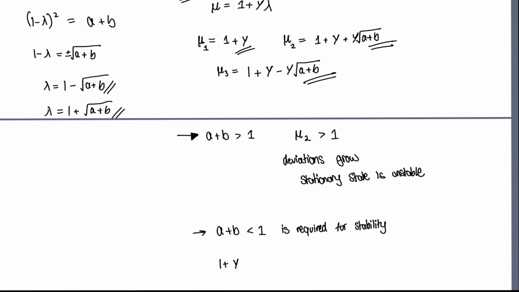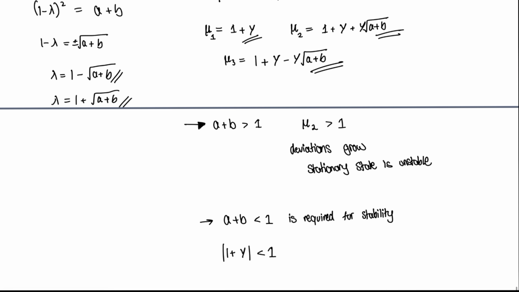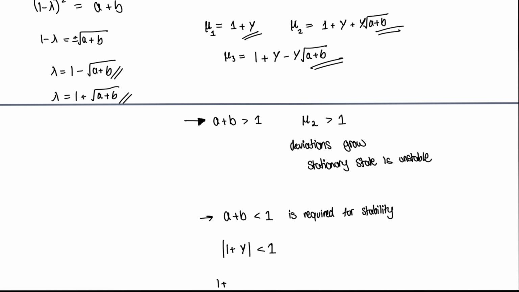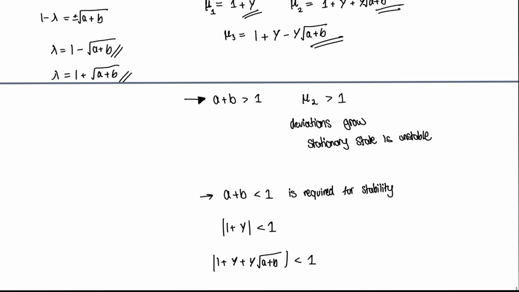plus mu, the absolute value of this, be less than 1. And we need to have 1 plus mu root a plus b, the mod of this, less than 1.